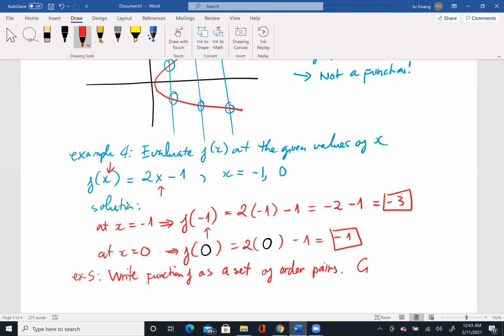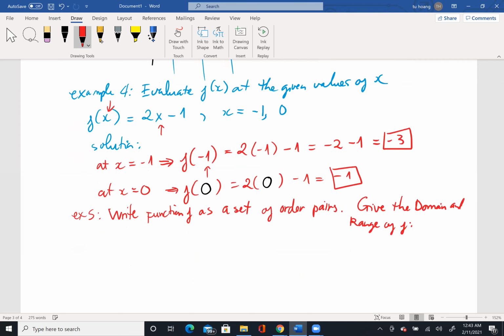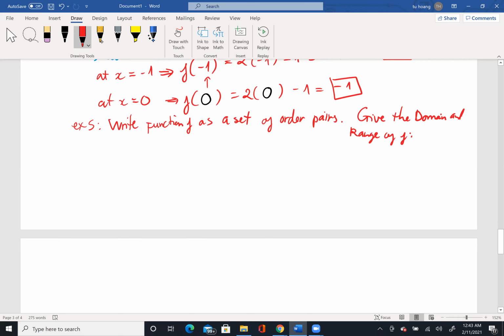And then we give the domain and range of f. So I have, say, f of 1 equal to 3, f of 2 equal to negative 4, f of 3 equal to 0.